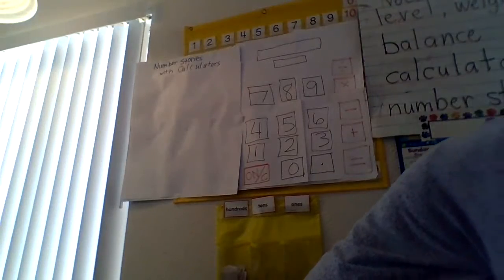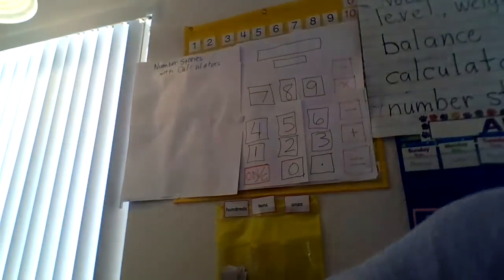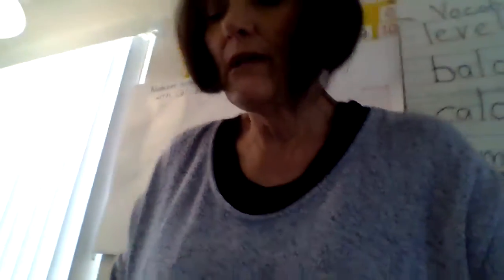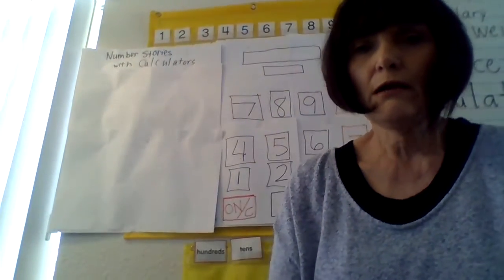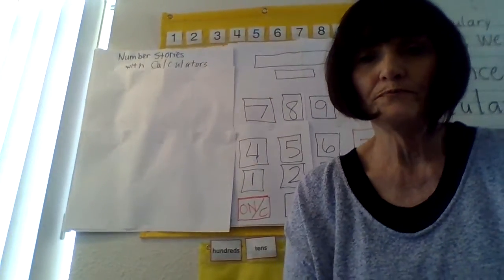I'm going to move my chair back out of the way. Sorry for bouncing the computer a little bit. And I'm going to put my computer back up on my box so that you can see my boards up here a little bit better. All right, there we go.